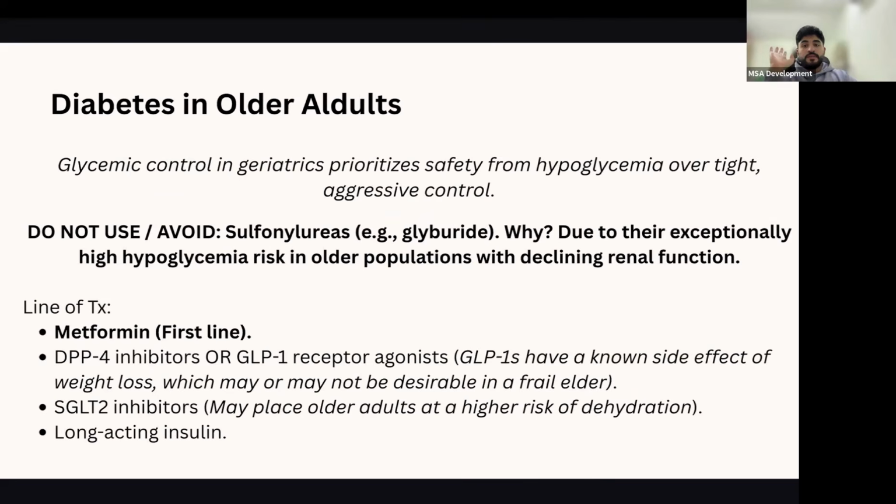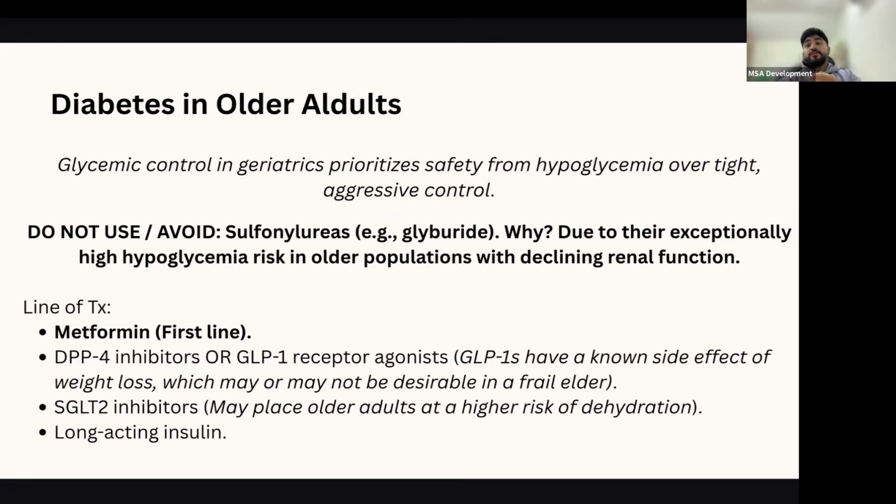Diabetes in older adults. Now, when we need to treat diabetes in older adults, remember, for example, in a normal adult, like young adults like ourselves, if someone is suffering from diabetes, how do we treat them? Of course, we treat them with medications, but what's our goal? Our goal is to make sure that we bring down their HbA1c. Tamam? This is the first thing that we think of. Right?